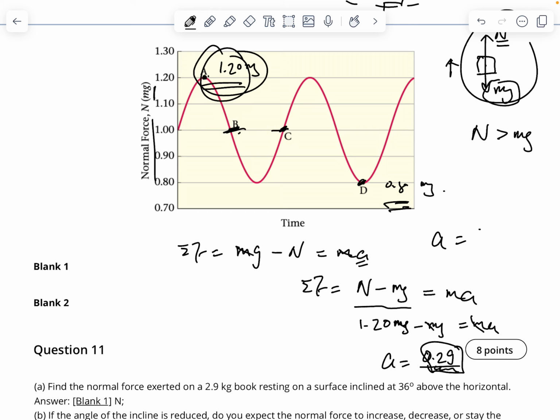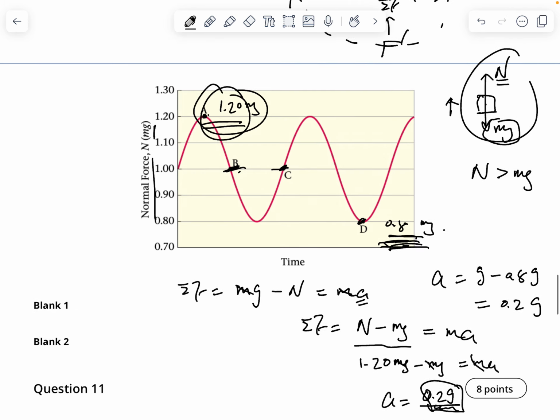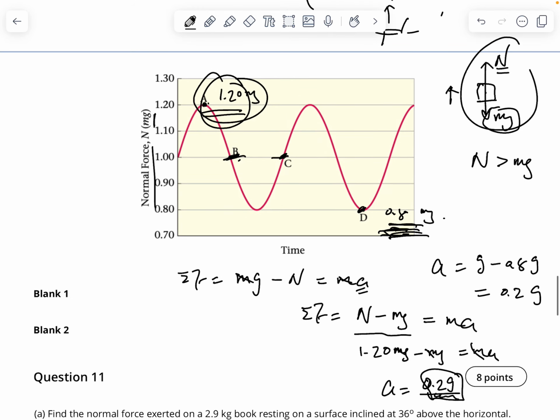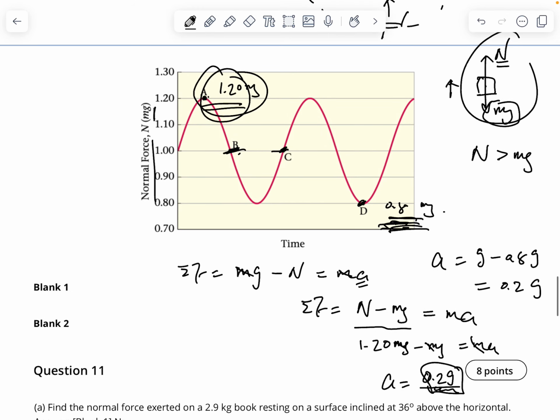So it's g minus 0.8 g, okay? So this equal to 0.2 g, right? So actually, here you get the same acceleration, but this acceleration points down.